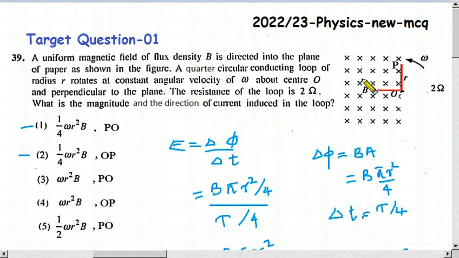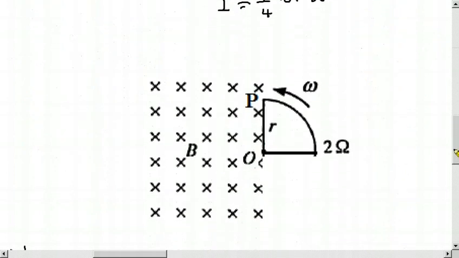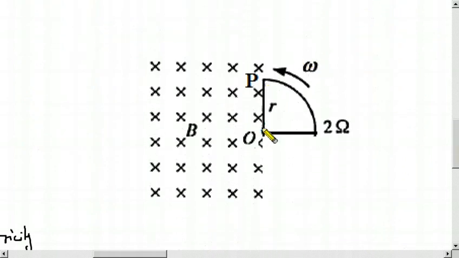So now children, let us try to find the direction of the current. There must be only two directions, either from P to O or O to P, because only this section of the loop is making EMF, the induced current, generating only this one.